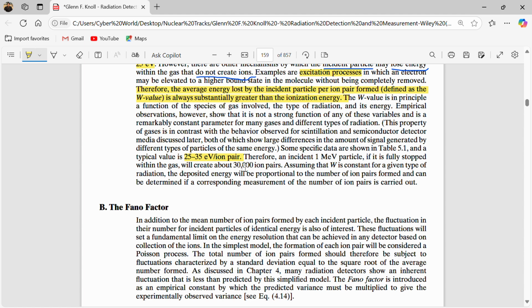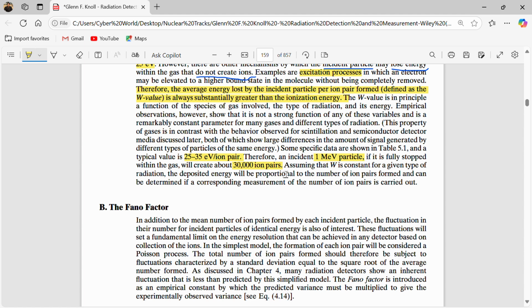Therefore, suppose your incident particle has an energy of 1 mega electron volt. If it is fully stopped within the gas, it will create about 30,000 ion pairs.